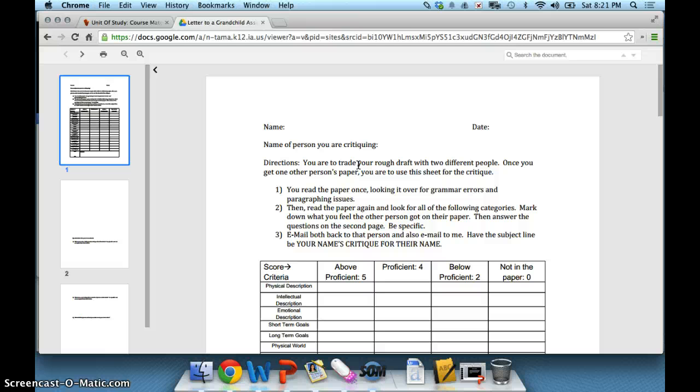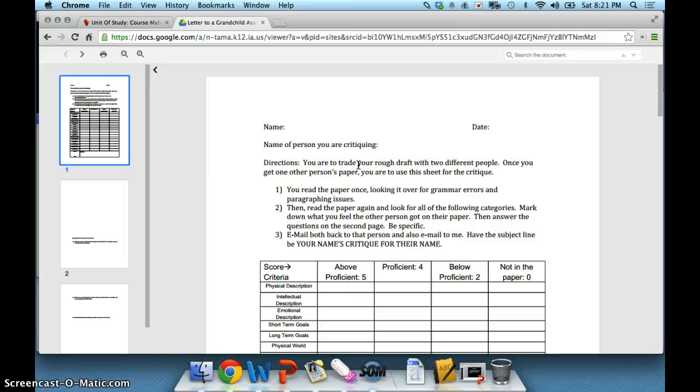The first thing you're going to do is read the paper once, and you're really just looking it over for grammar and the structure of it. Making sure that all the words are spelled right, that there are no run-on sentences, all those kinds of things. Then you're going to read it again.